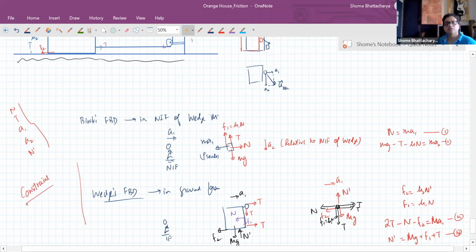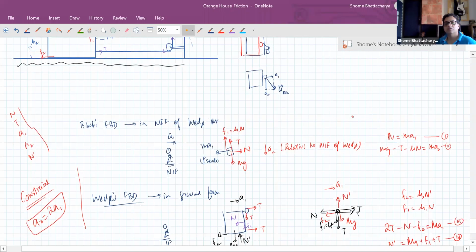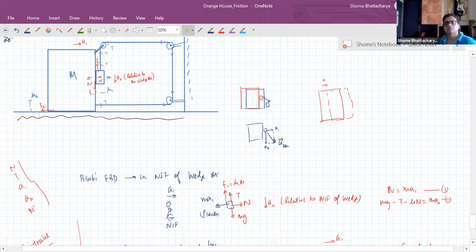Conserve the thread length, and you will understand that a2 is equal to twice of a1. As you can see in the diagram above, if the wedge moves through a distance x here, so how much thread gets released from this segment? 2x amount of thread gets released.